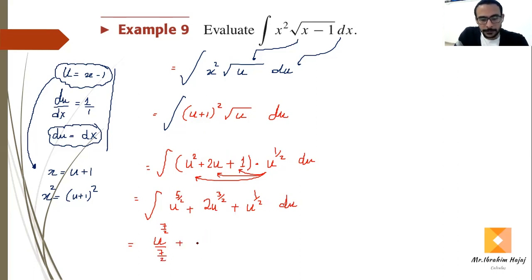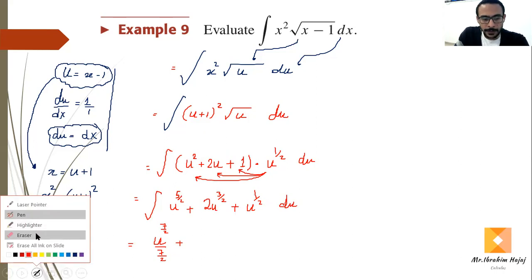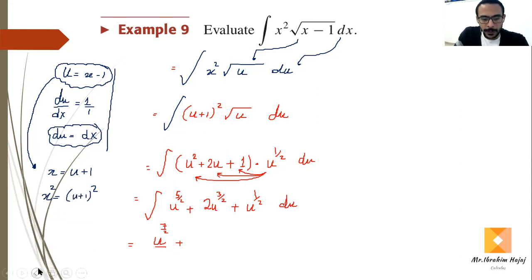Then 3 over 2 plus 1 is 5 over 2, 2u to the power of 5 over 2 over 5 over 2, so times 2 over 5. Here u to the power of 3 over 2 over 3 over 2, plus C. Let's fix the fractions.